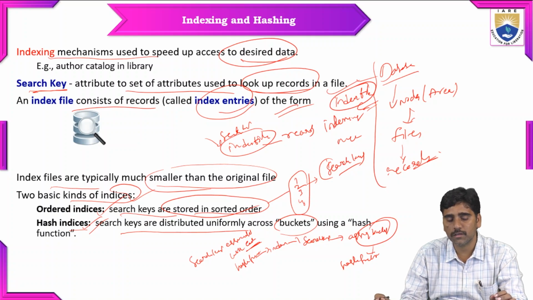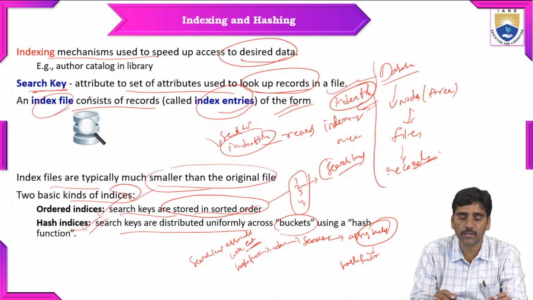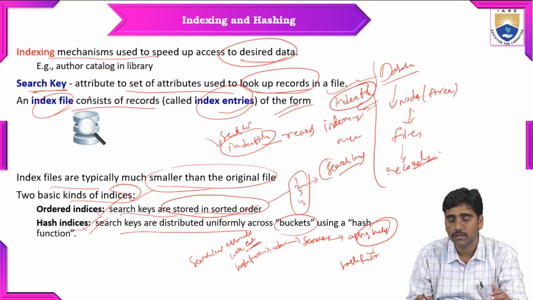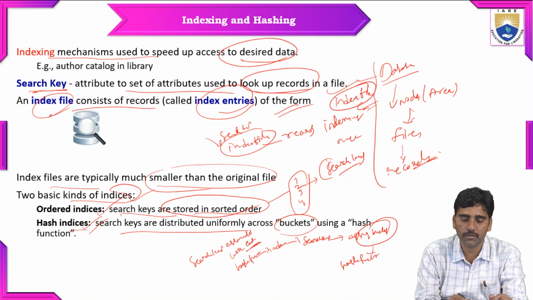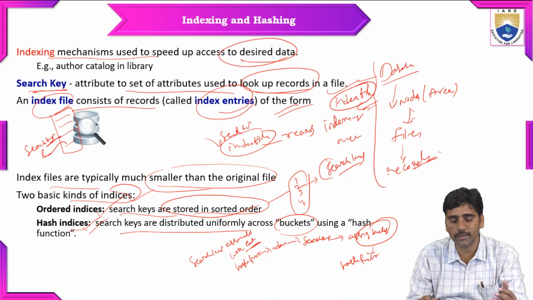In an index, the file consists of all the index entries. Each and every entry in the index file is called a search key, which points to the data blocks.